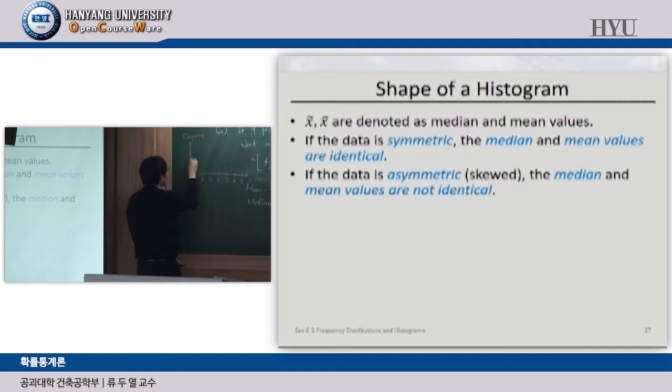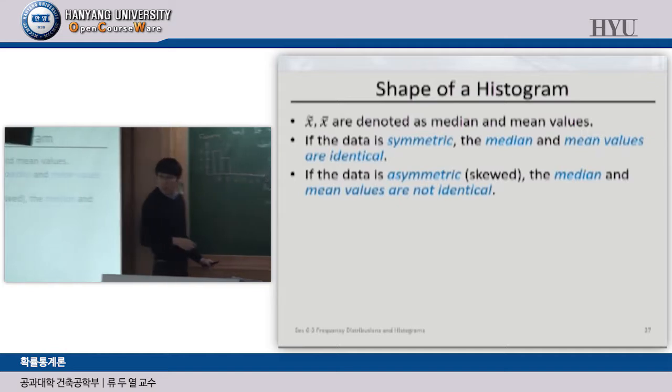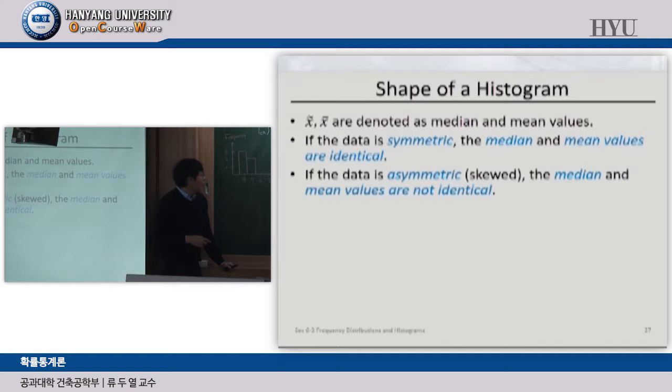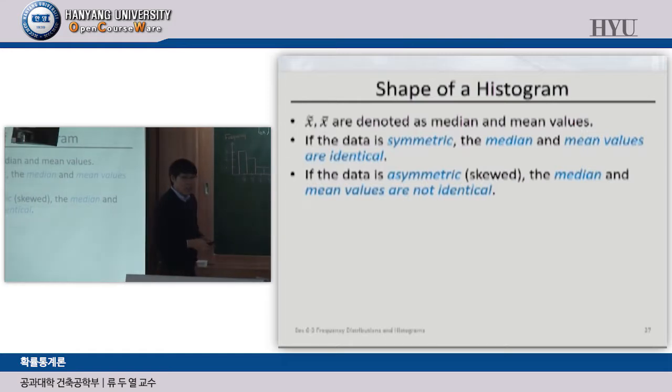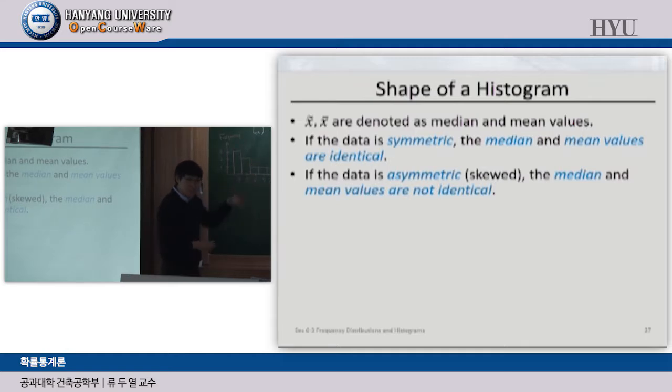So this is 1, this is 2, this is 3. So for the case of score 4, we have this rectangle, right? In the case of the score 5, we have this rectangle, right? Can you see? And for the case of the score from 6 to 9, we have this rectangle, right?